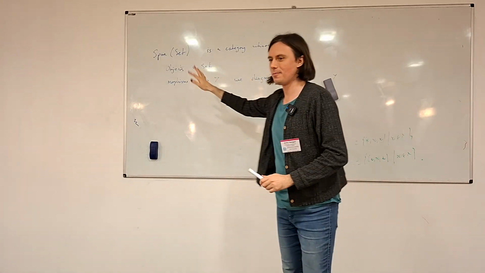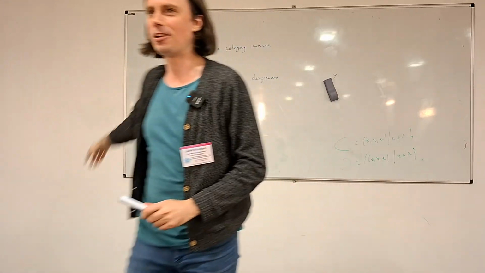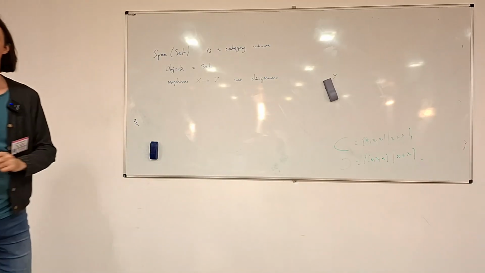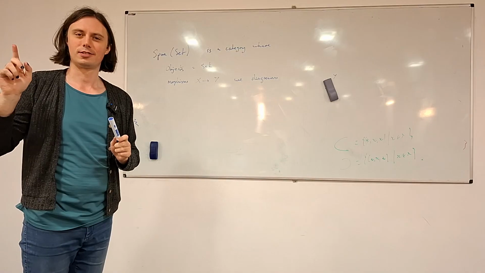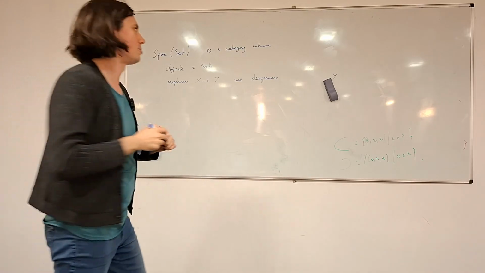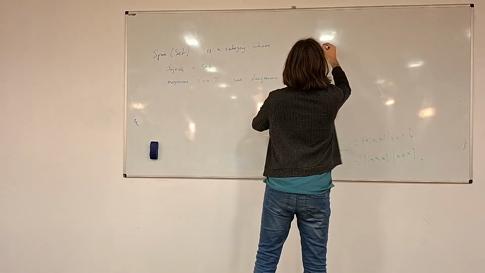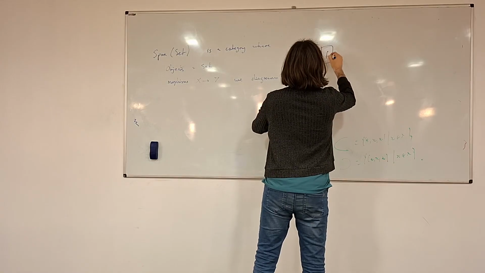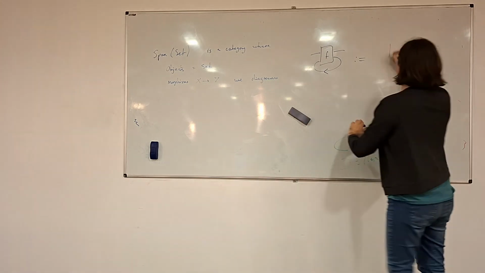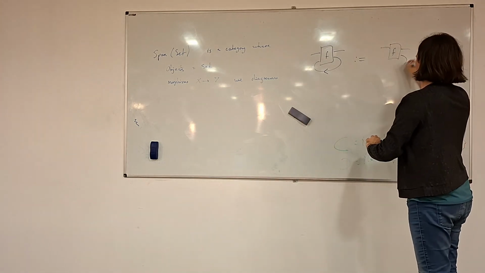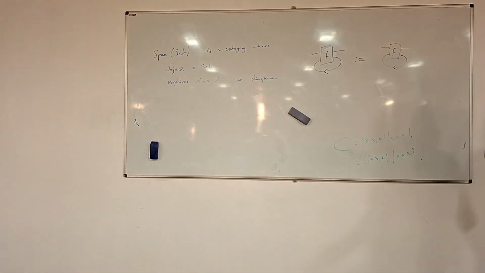This category is compact closed. Oh, I forgot to mention that every compact closed category is traced. How is every compact closed category traced? Well, if I want to define this, I define it to be this, right?